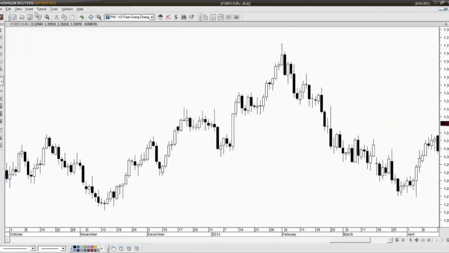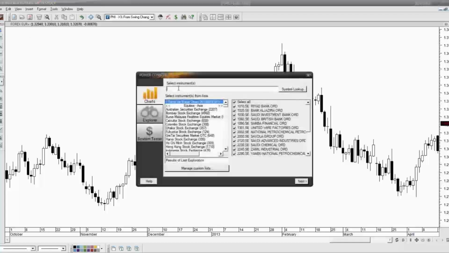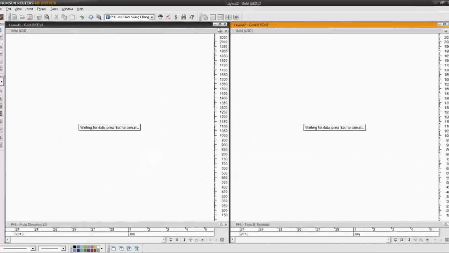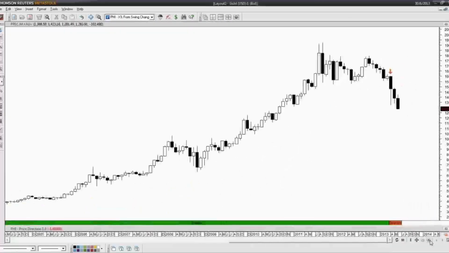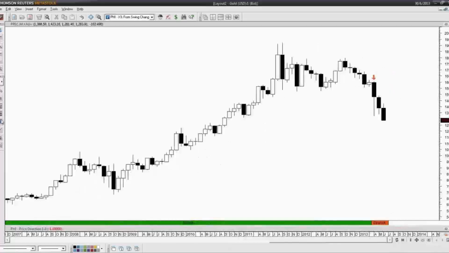Now, another very interesting case that we had very recently is the gold, and actually the gold on the monthly chart, monthly being the most important time frame.